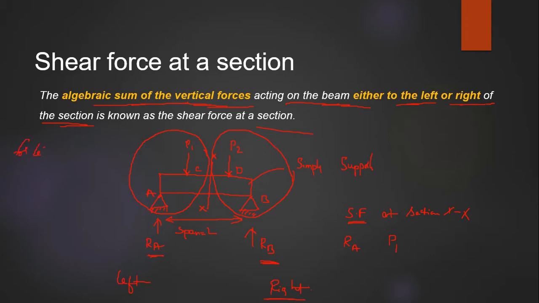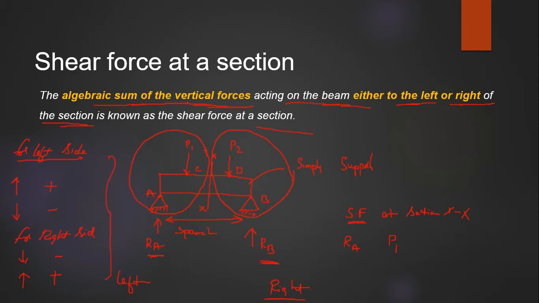For the left side, upward forces are taken as positive and downward forces are taken as negative. And for the right side, downward forces are taken as negative and upward forces are taken as positive. So follow the sign convention over here.